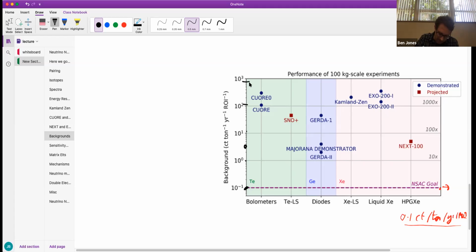And the background indices of these kind of technologies are in the regime where it will take 1,000 years for them to be sensitive, for those demonstrated technologies. And so technological innovation is vital for this field. There are ways that people are developing to get across this line. And we hope there will be continued R&D that does allow them to cross it. And that's something that motivates many of us in our R&D projects right now, is achieving that.